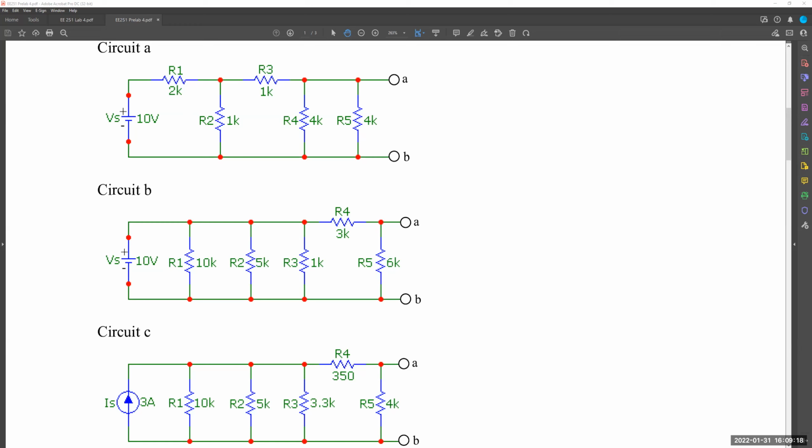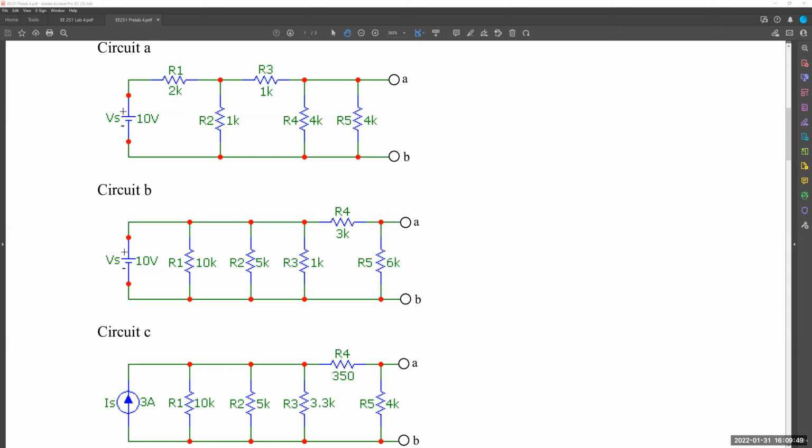And that series combination would be in parallel with R5, which would be in series with R4 and R6, which would be in parallel with R2, which would be in series with R1 and R3.